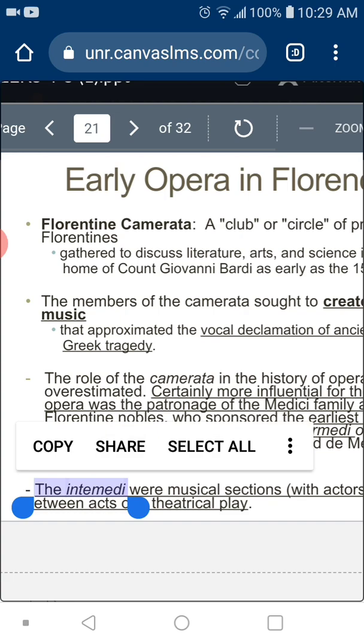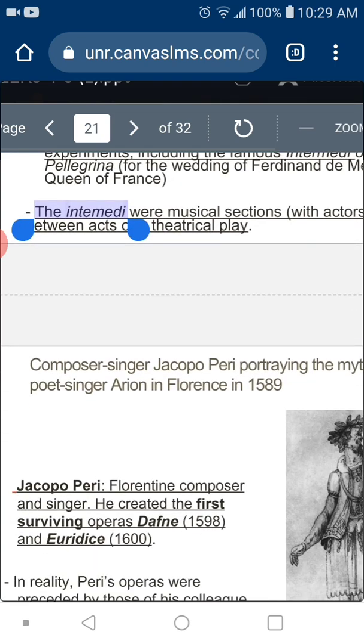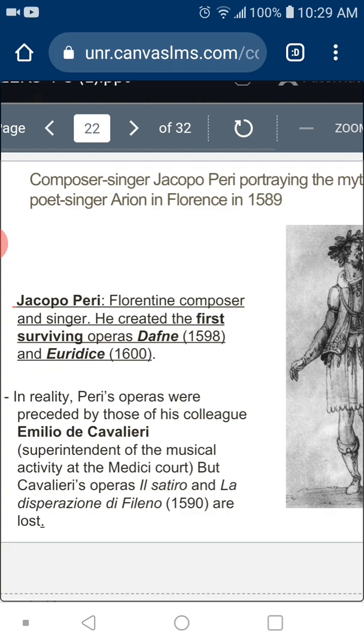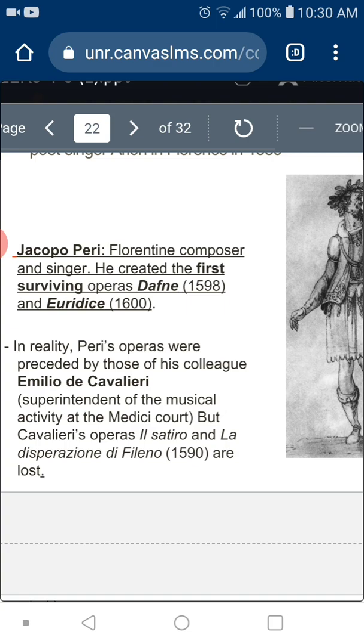Then someone said, why don't we set to music the entire play? And that's what happened. So instead of just speaking in the play, they actually sang. That's how opera began. And the first operas that we have are from 1598 and 1600. But there were other operas performed earlier that we just don't have. And there are some names. You don't have to remember the names, but you have to remember that around 1598, 1600.